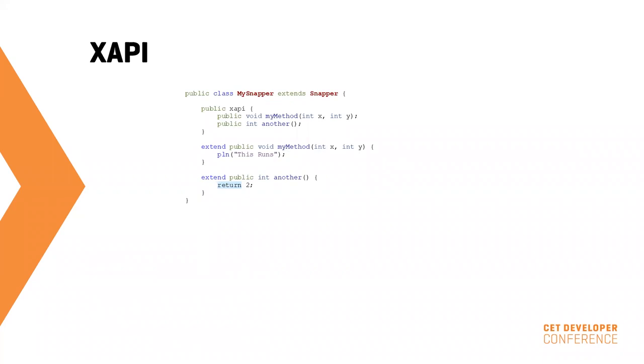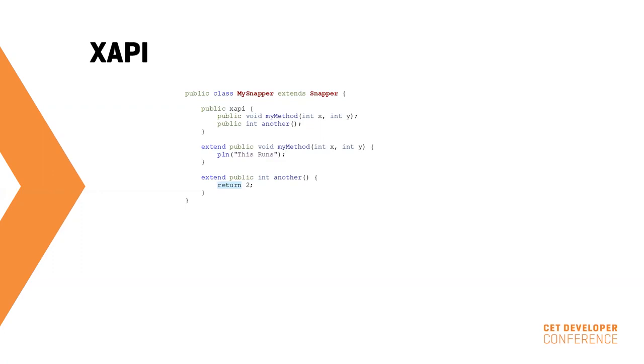I'm sure you guys are all pretty familiar with public props now, which came out maybe a few versions ago, but this is with methods. So basically how you use it is you make a method. Here I've got my method and I've also got another, and you add it to the public XAPI.